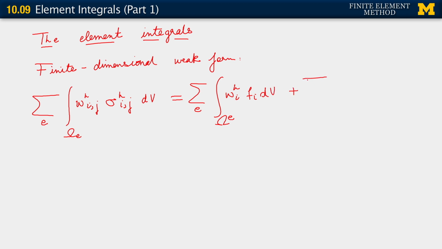Now here we need to be a little more careful, right? We are talking here of doing the following. We are talking here of doing a sum i equals 1 to nsd.